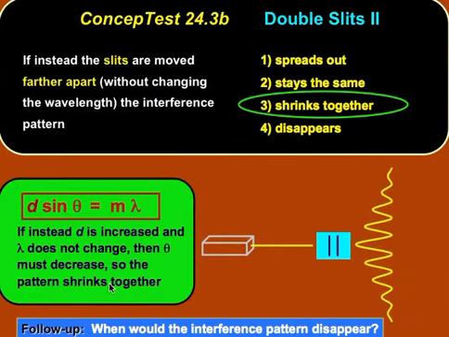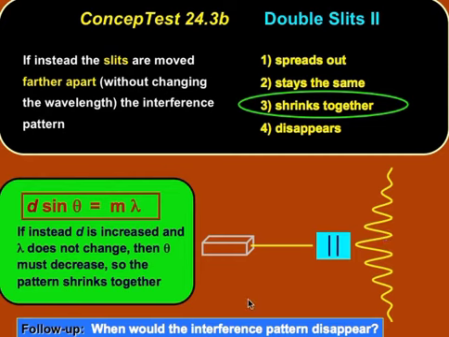Same equation, d sine theta equals m lambda. So if d is increased but lambda is staying the same, then the only way that's possible is for sine theta to get smaller. So theta must get smaller. As the slits get further apart, the peaks in the interference pattern get closer together.